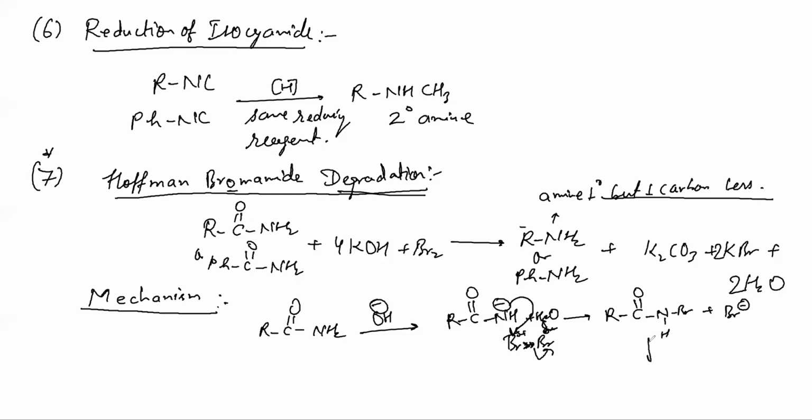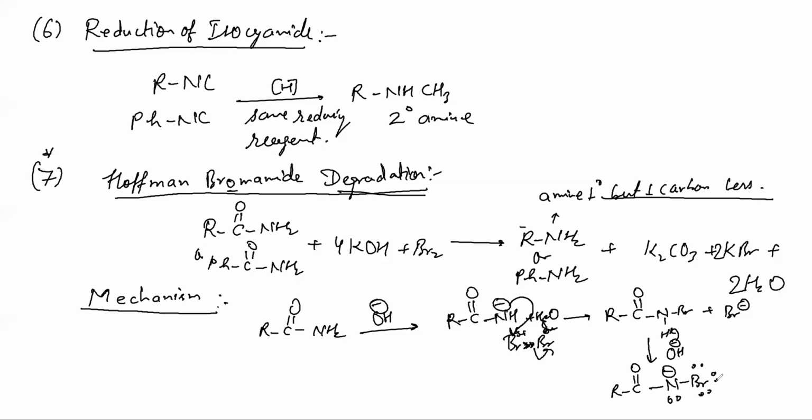Again, base is still there. OH minus again pulls this H, giving RCON minus Br. Now once we get this, let's look at the problem here. See, nitrogen has one more lone pair. Bromine has 3 lone pairs. So bromine will be facing too much repulsion here.